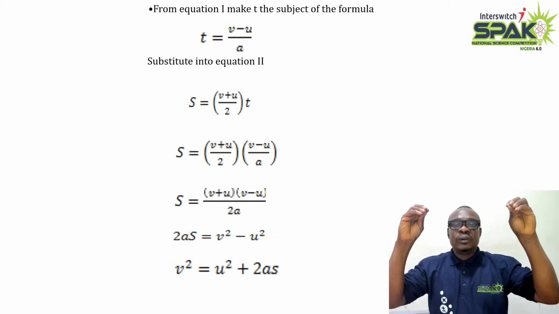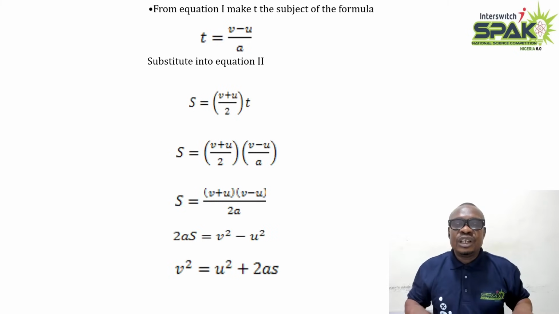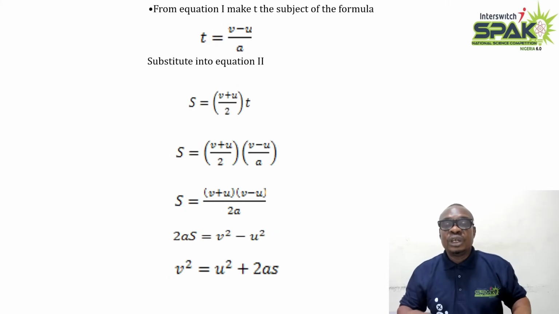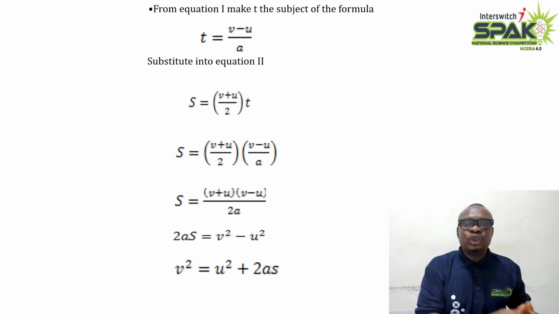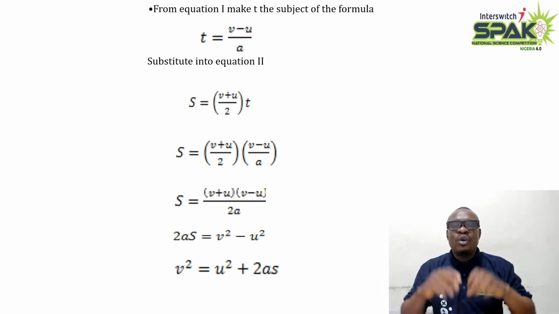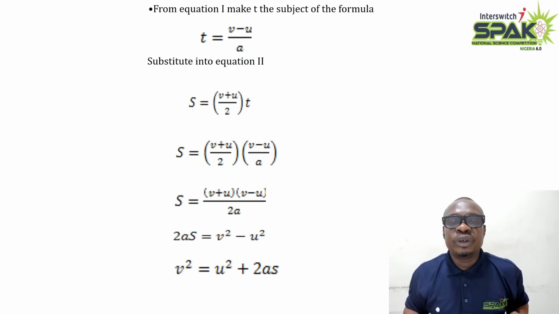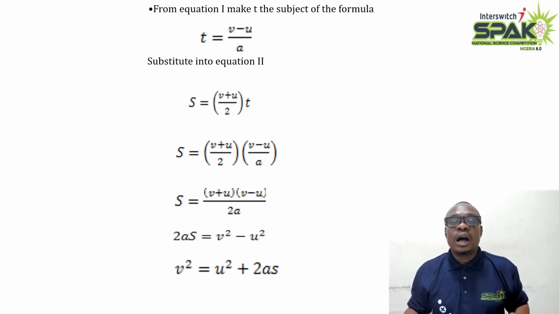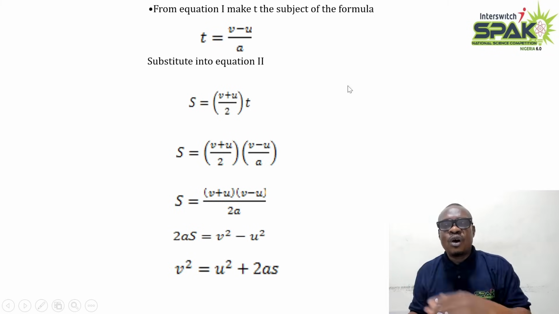Both are substituted into s equal (v plus u) all over 2 into t. Based on what you want to derive, you should be able to know which of them you are going to plug into s equal (v plus u) all over 2 into t. So the other one, v equal to u plus at, they are all plugged into this.